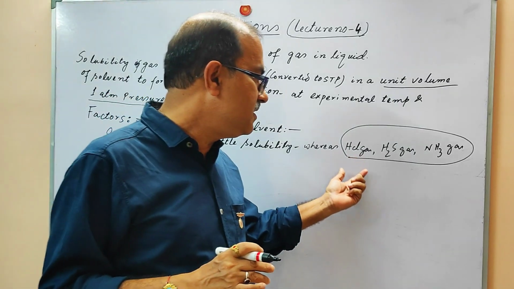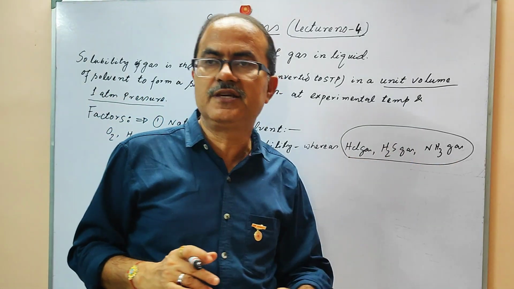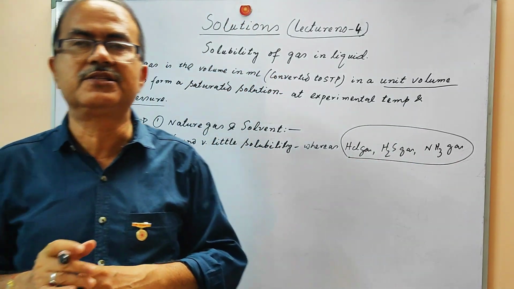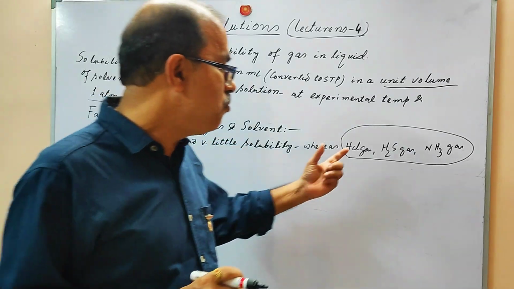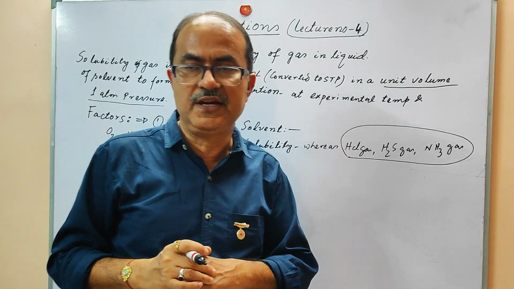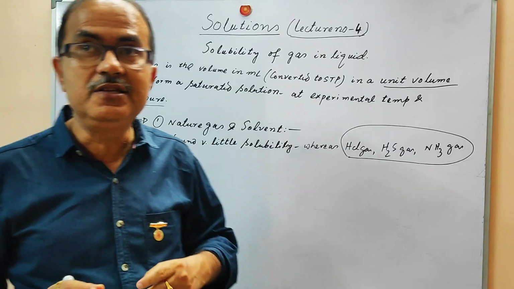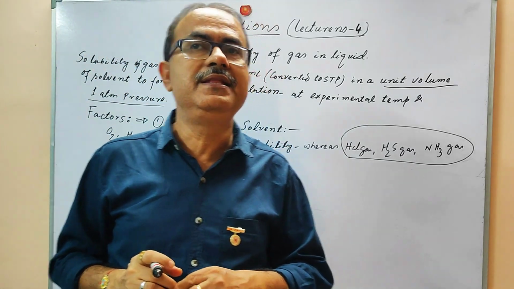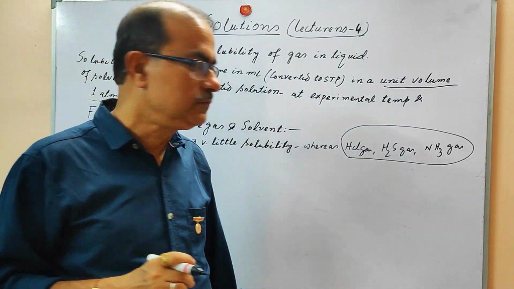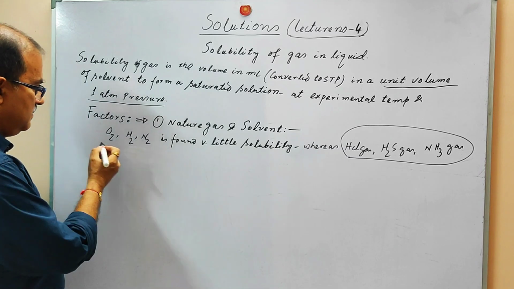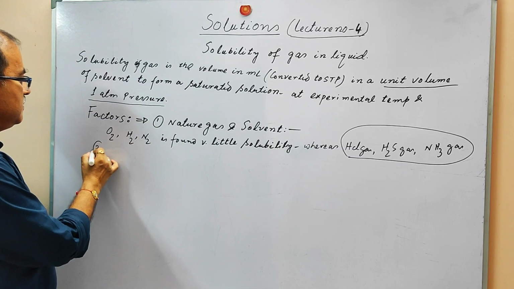H2O and HCl, H2S and NH3 have similar chemical structure, both having dipole moments. That is why these can easily dissolve in water. Okay, that is a very simple thing.